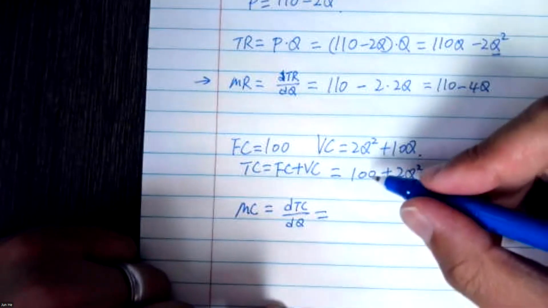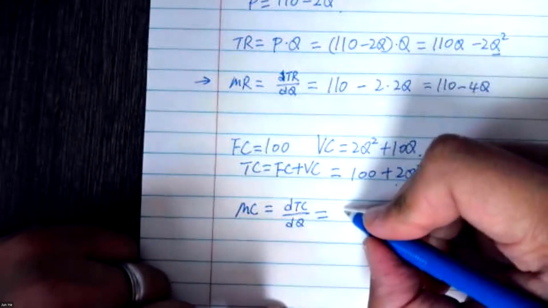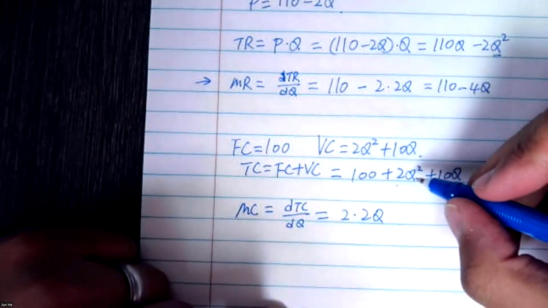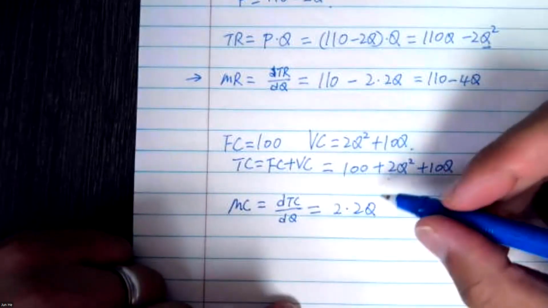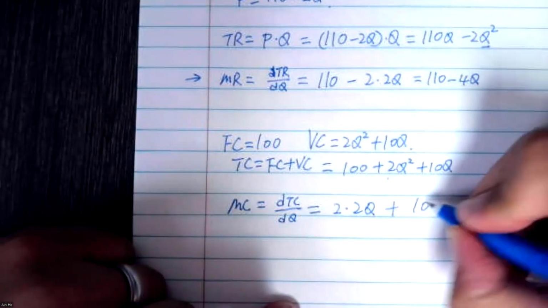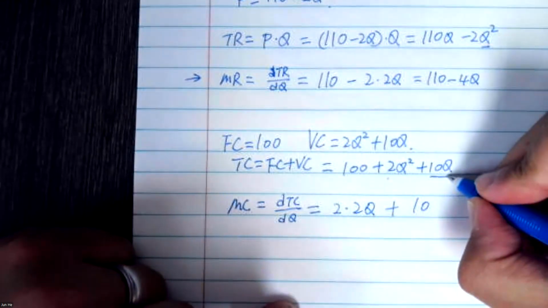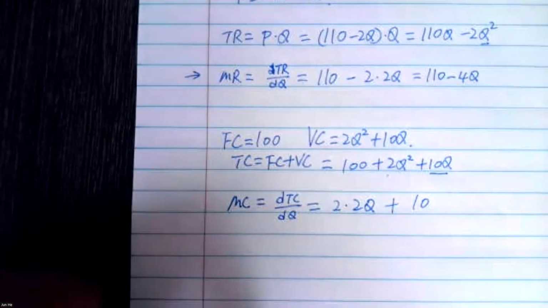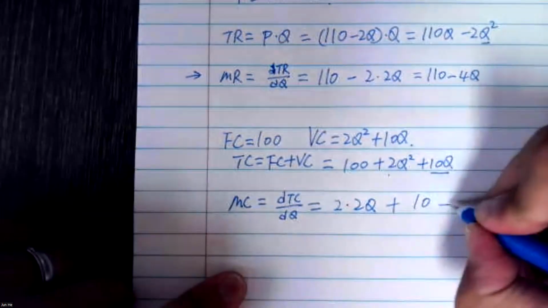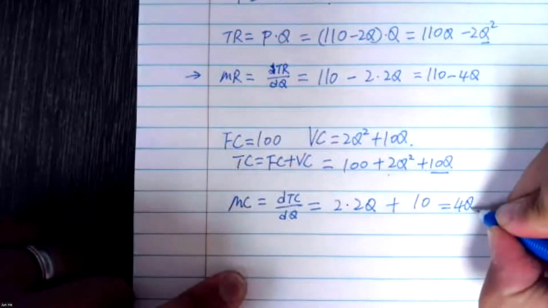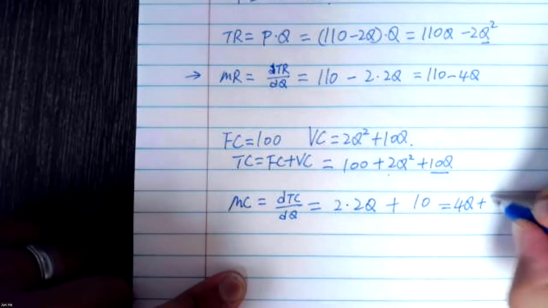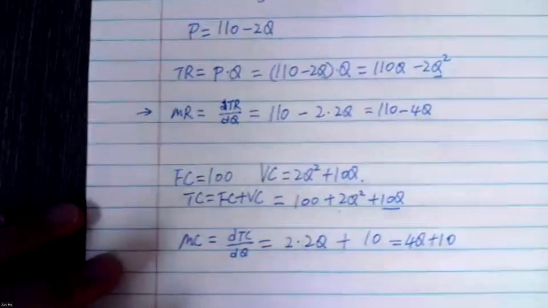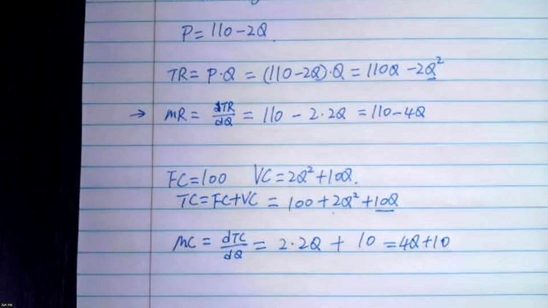The first item we just disregard because that's a constant. The second one is 2 times 2Q, again the quadratic's derivative is 2Q, plus 10, because 10Q is a linear form, then the derivative is just the slope term. So the marginal cost is expressed as 4Q plus 10. Those are the answers to this question.